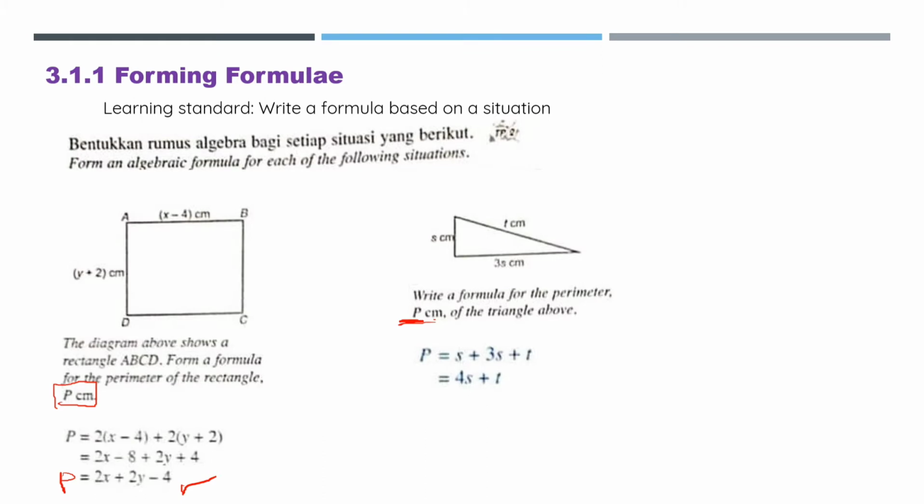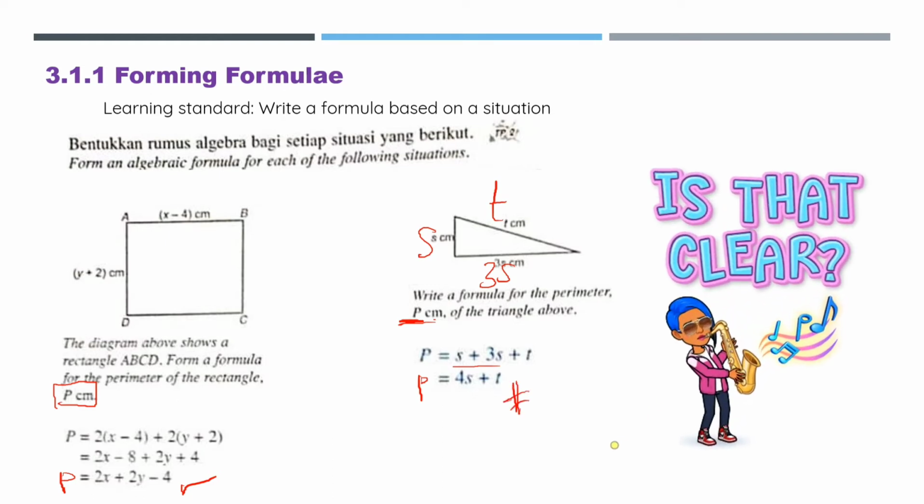P equals S plus 3S plus 3S plus T. For the perimeter, S plus 3S are like terms that we can solve, so it becomes 4S plus T. P equals 4S plus T. Is that clear? I hope it is clear.